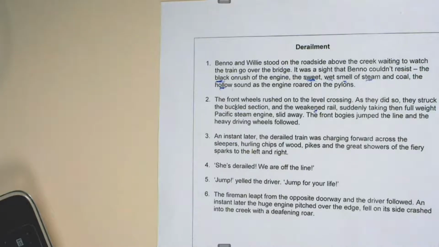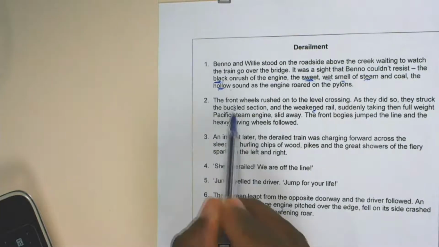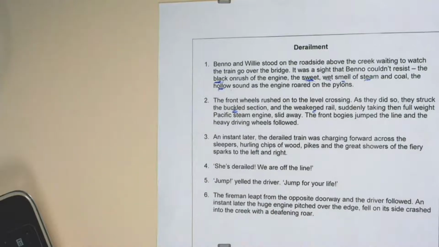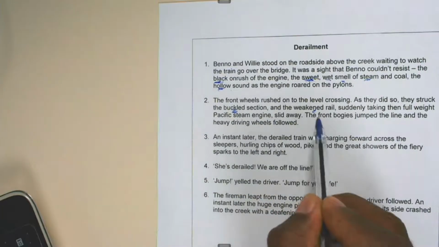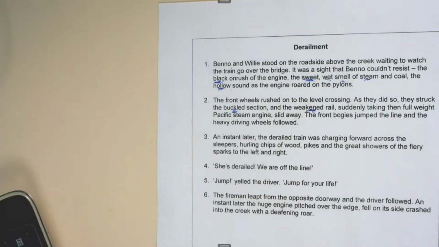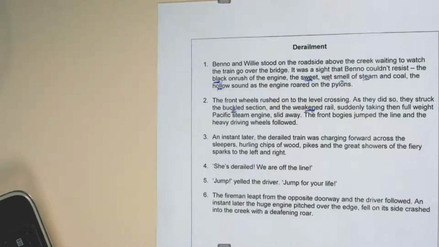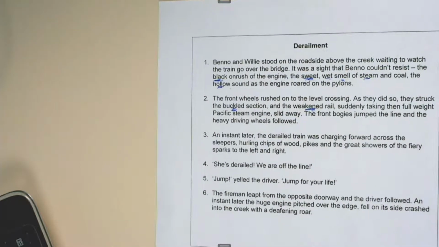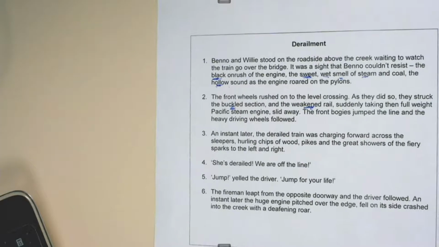The front wheel rushed to the level crossing. As they did, they struck the buckled section and the weakened railway. You see, there are a number of adjectives in this text that we can deal with, a number of those adjectives.